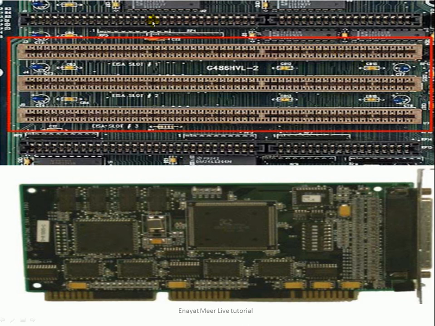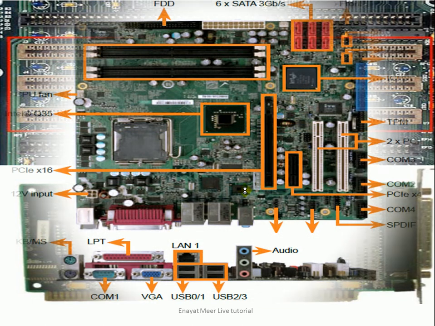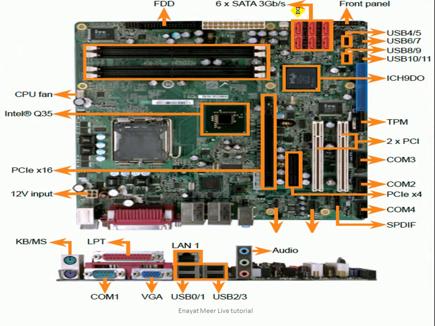On the top you see ISA, and these are EISA slots, Enhanced Industry Standard Architecture, 32-bit slots, and these are obsolete, and this is also an ISA slot right over here. These were made in the past, but no more. These are obsolete now, but old motherboards contain them. And this motherboard is a little bit more detailed, and it tells you everything in great detail.